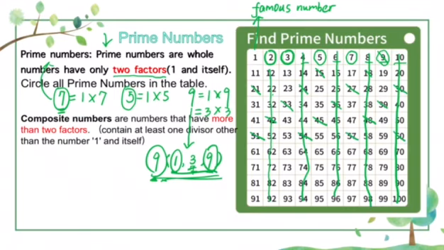Just like this. Drop it one by one. Okay, this works. These are the multiples of 3.